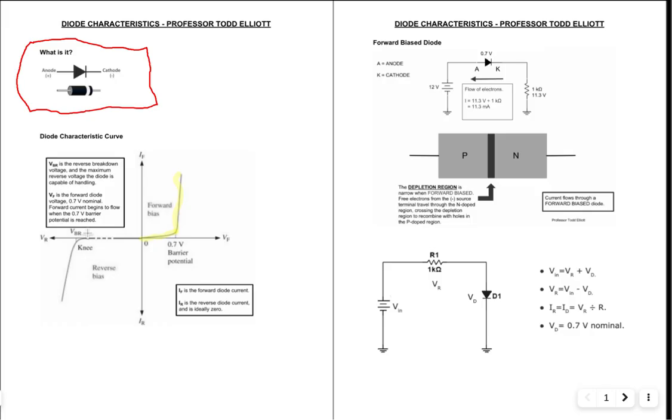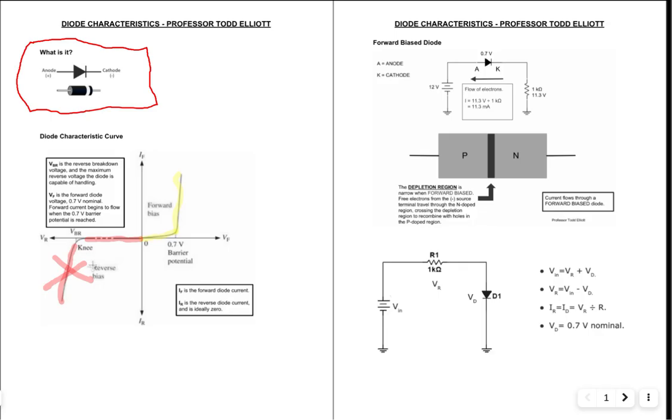If you go somewhat beyond that, you see how the current suddenly increases in the reverse direction, well, that means we've broken down the diode, and the diode is going to be destroyed. So in reverse bias, the operating range is really in here, and you don't want to be over in there.